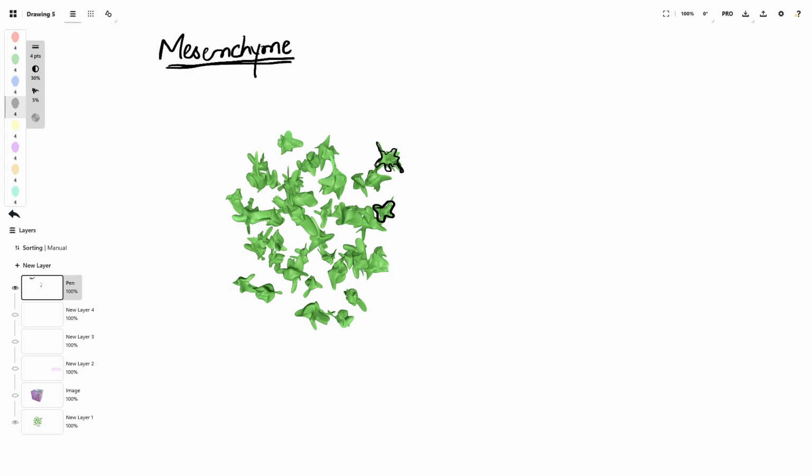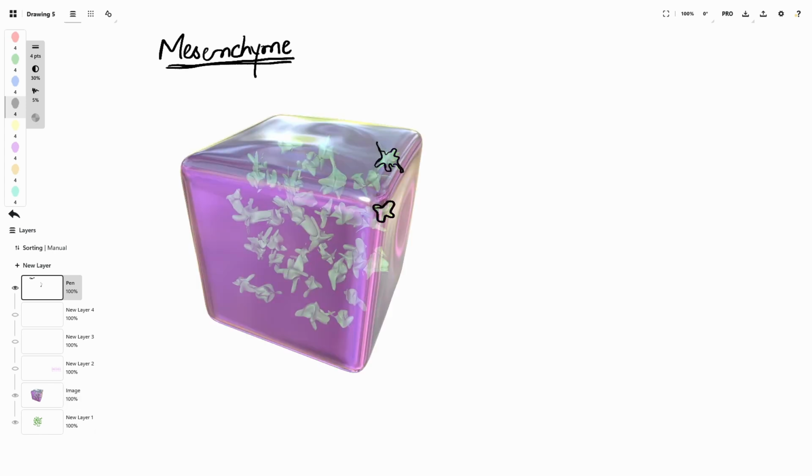It is irregularly shaped. Second thing is that these irregularly shaped cells, by the way, are called mesenchymal cells. They are loosely interspersed in a gel-like or jelly-like ground substance. So you see, this is the ground substance.